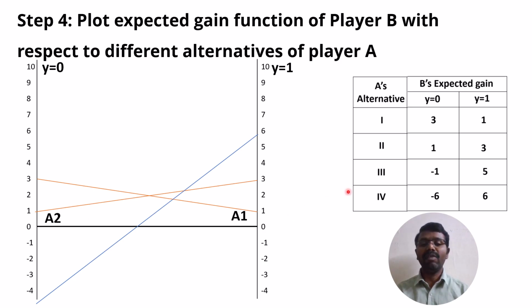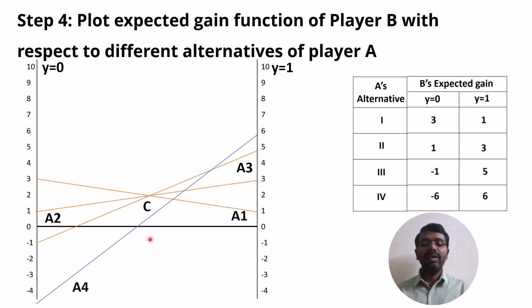The next line will be minus 1 to 5. Minus 1 is here, and 5 will be here. So that is another line, that becomes the a3. And finally minus 6 to 6. So here is the minus 6, and here is the 6. So that also I drew, and that becomes the a4.